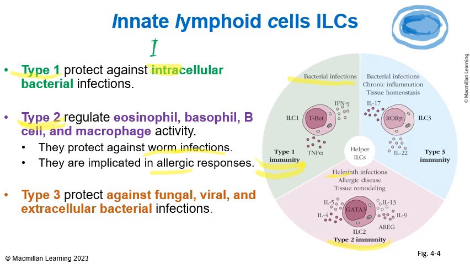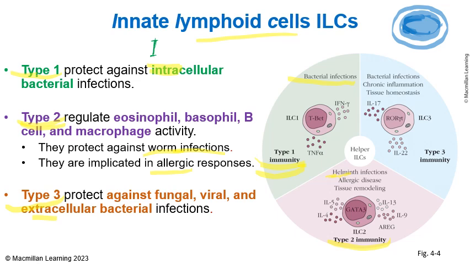Then you have a third type of immune reaction that is called type 3. Those are going to be specific mainly against fungi, and then some viruses and some extracellular bacteria. So here you have this overall picture of three types of immune responses based on the innate lymphoid cells of the immune system.